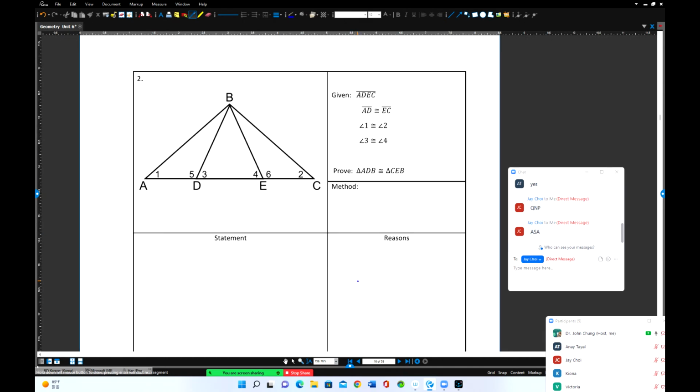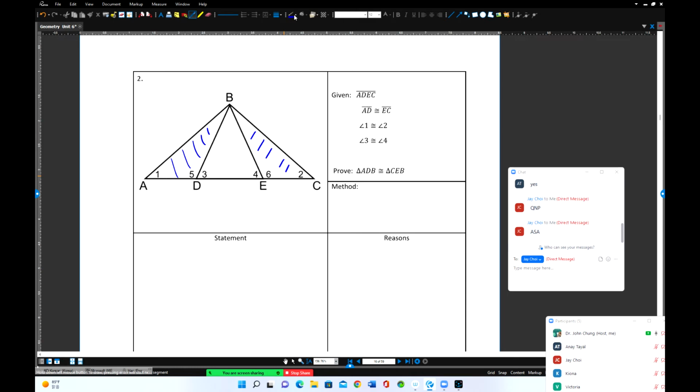Everybody take a look at the figure and try to find which method. At this time, triangle ADB and triangle CEB are congruent. We have to show this.